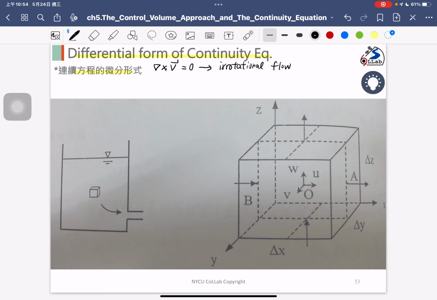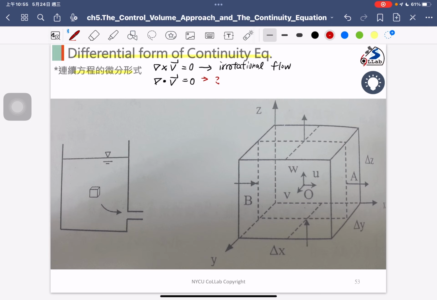But right now, based on the continuity equation, I want to tell you one very important equation: the spatial differential operator dot product with the velocity vector can also equal 0. But what's the physical meaning?